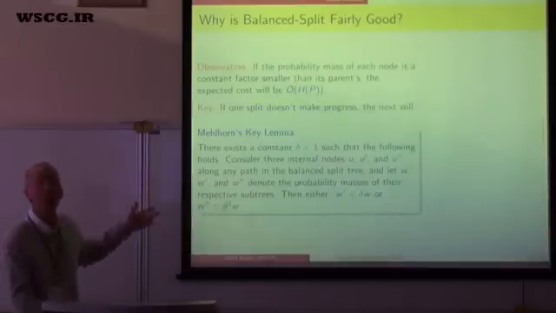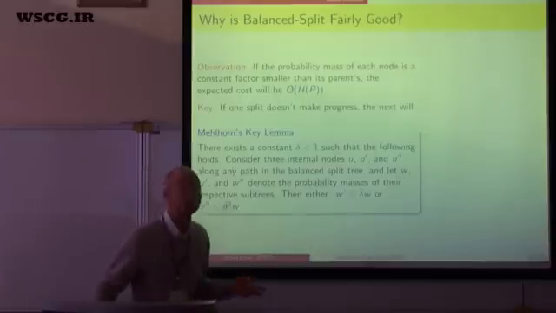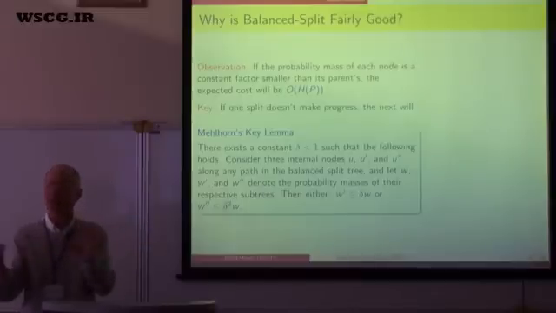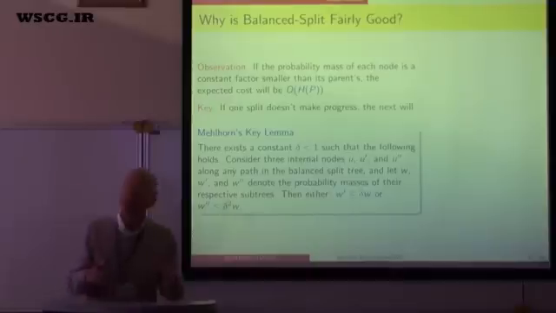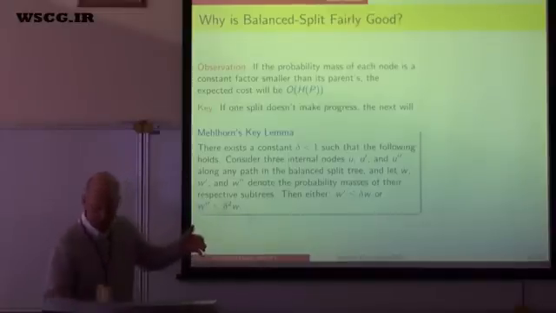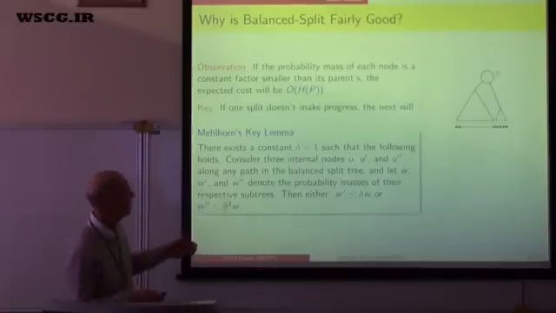Okay, so the question then, why is this algorithm a good algorithm? As I said before, it seems like a reasonable idea to always keep the probability mass evenly balanced between the two subtrees. But there may be situations where I've got a huge probability mass somewhere in the middle of my distribution. Let's take a look at this.